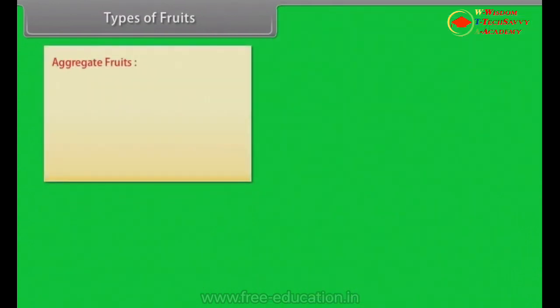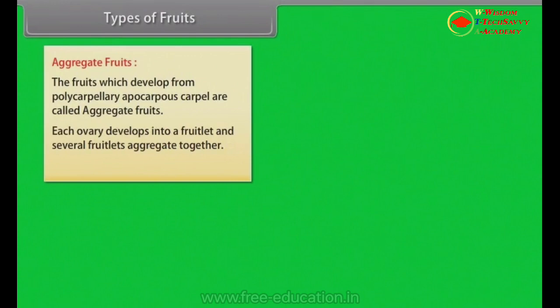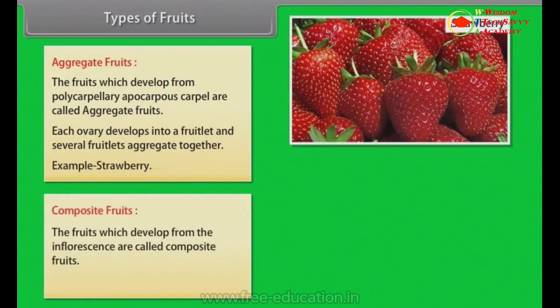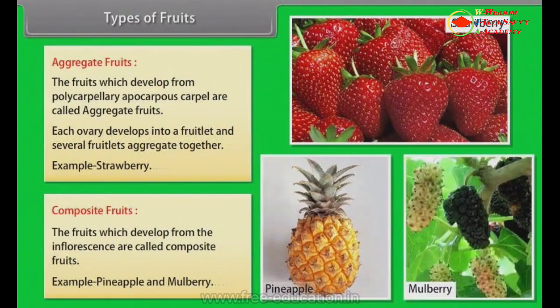Aggregate fruits: the fruits which develop from polycarpellary apocarpous carpel are called aggregate fruits. Each ovary develops into a fruitlet and several fruitlets aggregate together. Example, strawberry. Composite fruits: the fruits which develop from the inflorescence are called composite fruits. Example, pineapple and mulberry.